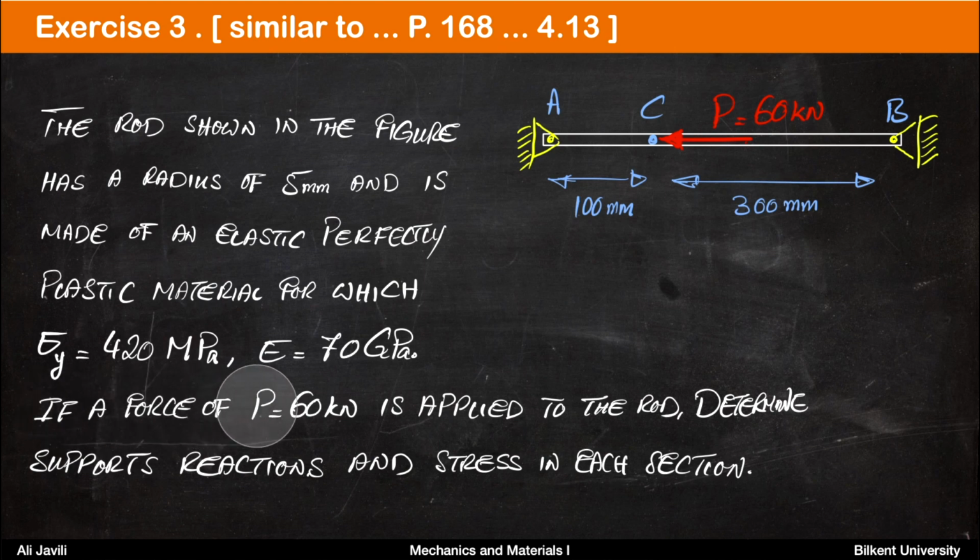If a force of 60 kilonewton is applied to the rod, as shown in the figure, so this is the force P equals 60 kilonewton, determine support reactions and stress in each section.